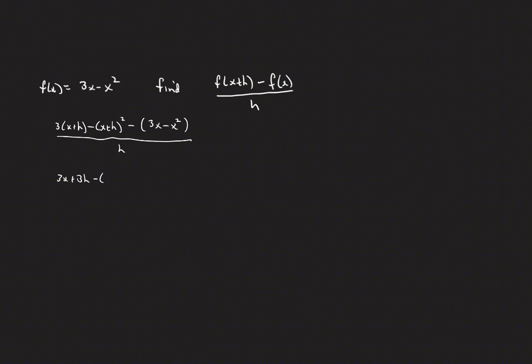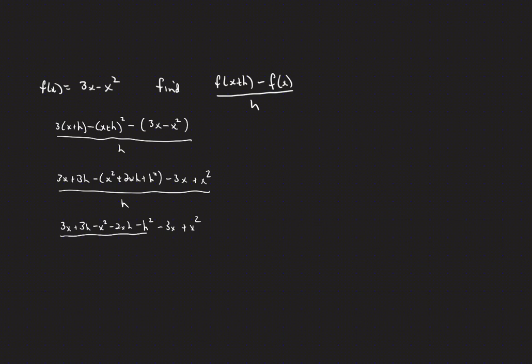We're going to get a minus, first one squared, twice the product, plus the second one squared. We're going to get a minus 3x and a plus x squared all over h. So that's going to be 3x plus 3h minus x squared minus 2xh minus h squared minus 3x plus x squared all over h.